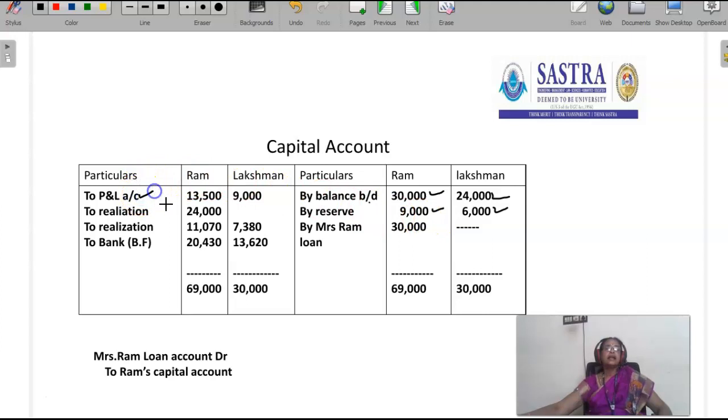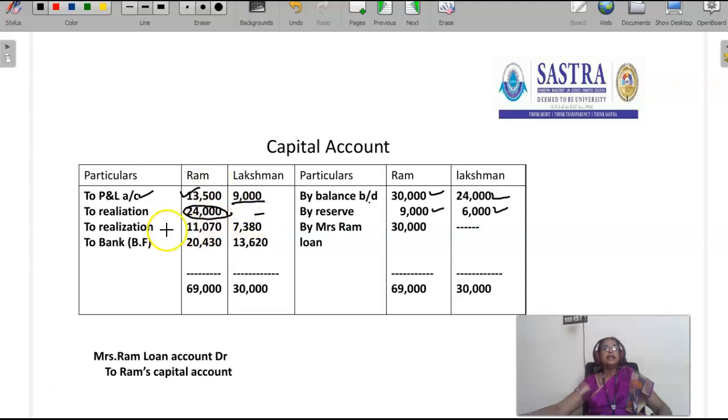This is the accumulated loss, the P&L account 13,500: Ram's capital account is debited 13,500, and Lakshman's capital account is debited 9,000 rupees, because it is a loss. Then the realization: the investment taken over by Ram, so 24,000 should be debited from the capital of Ram.